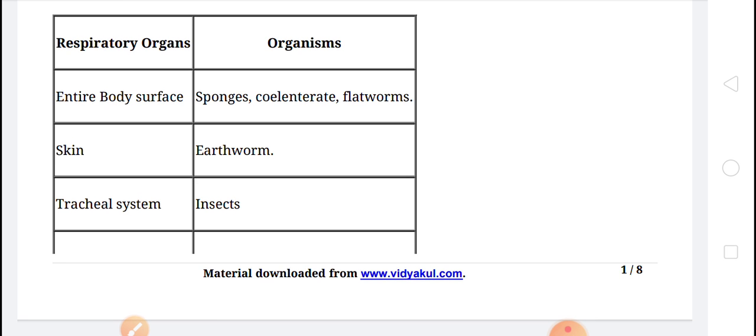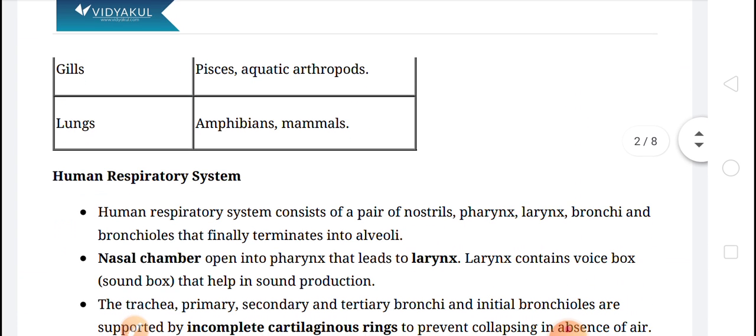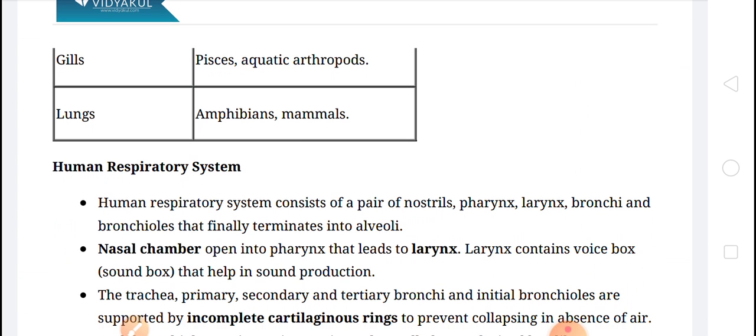Insects have tracheal tubes or a tracheal system by which they exchange the gases. Next, Pisces and aquatic arthropods. They have gills. They are aquatic organisms, they have gills and they breathe, exchanging the gases through the gills.